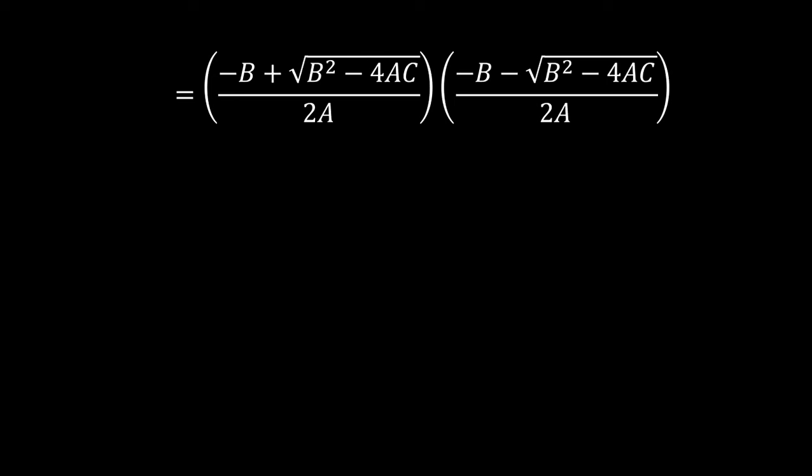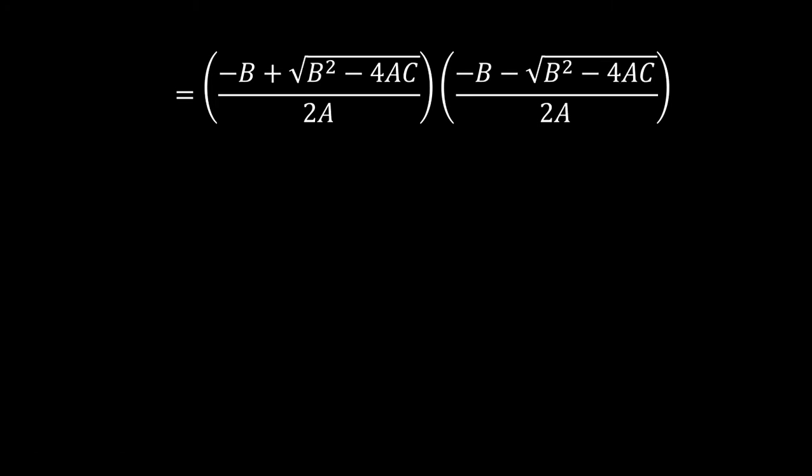So, pag sinabi yung product of sum and difference, it means that yung nabago lang is yung operation. But ito, negative b, negative square root of b squared minus 4ac, and then square root of b squared minus 4ac ay parehas.